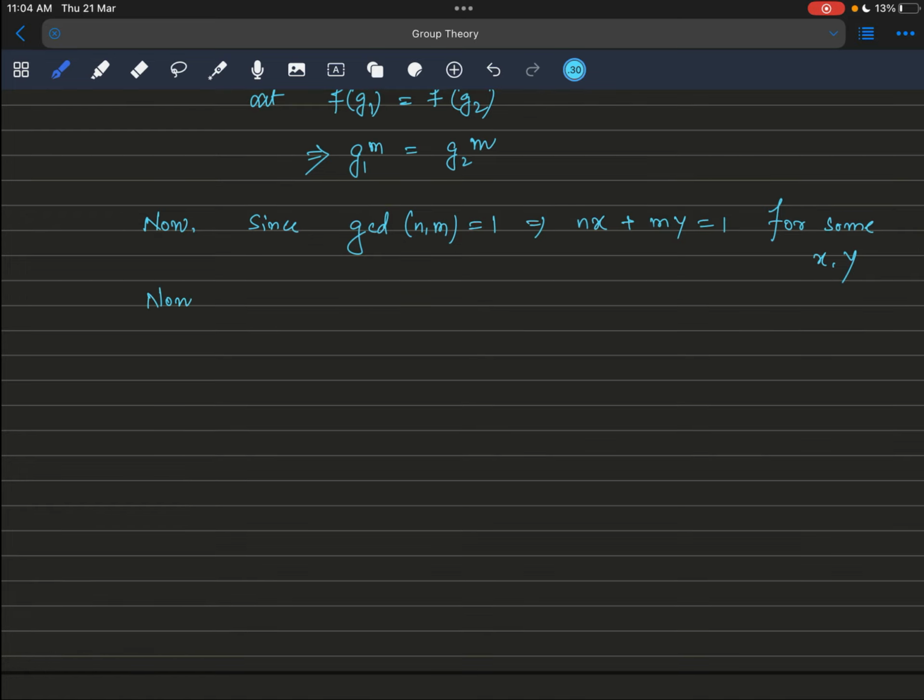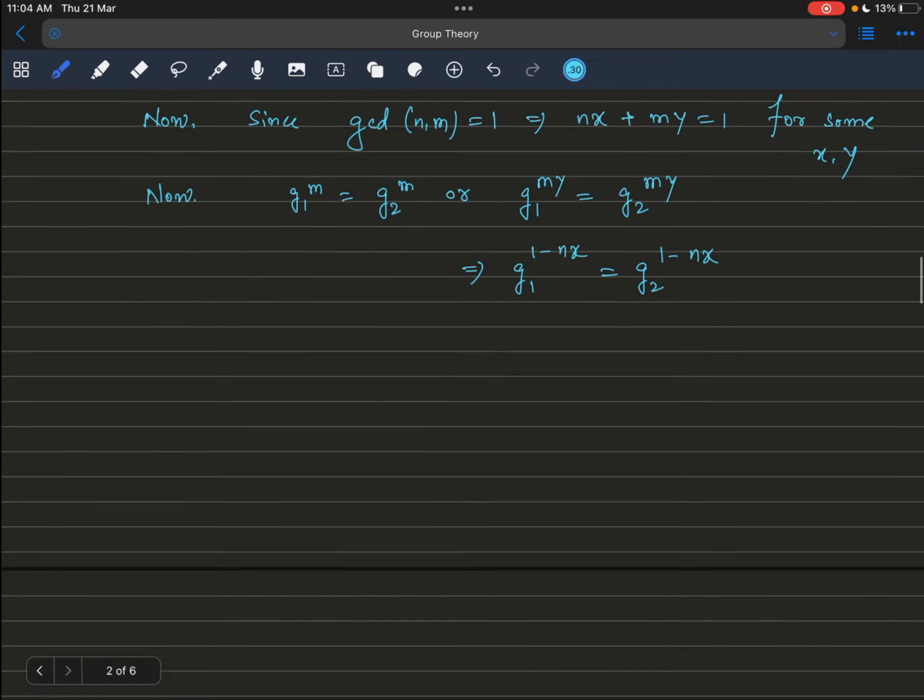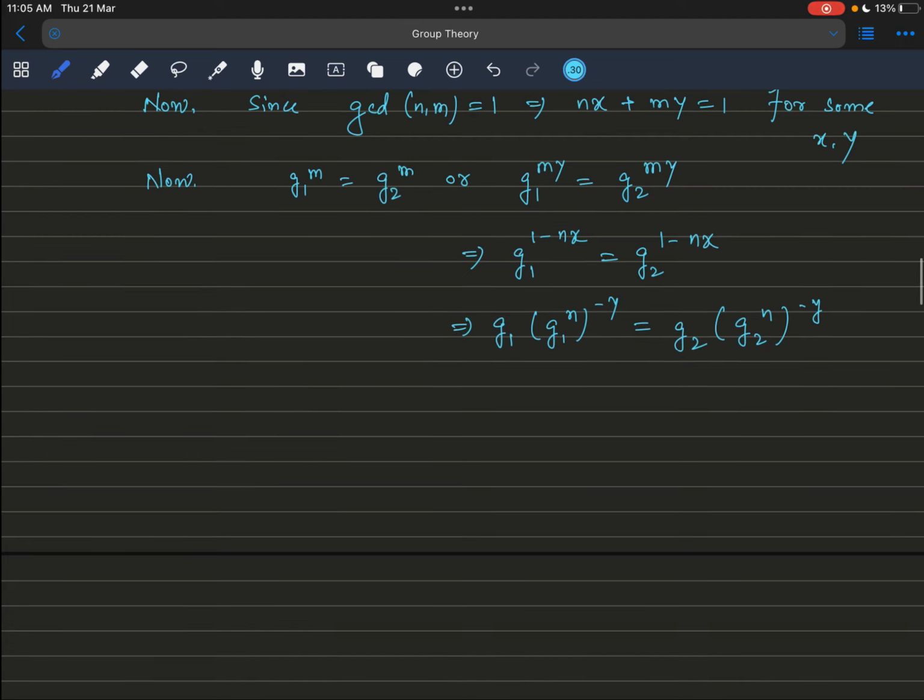Now it can be further written as g1 to the power my equals g2 to the power my.